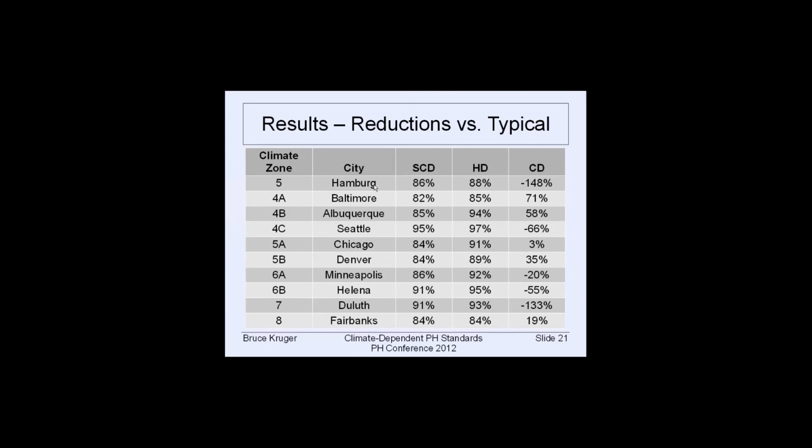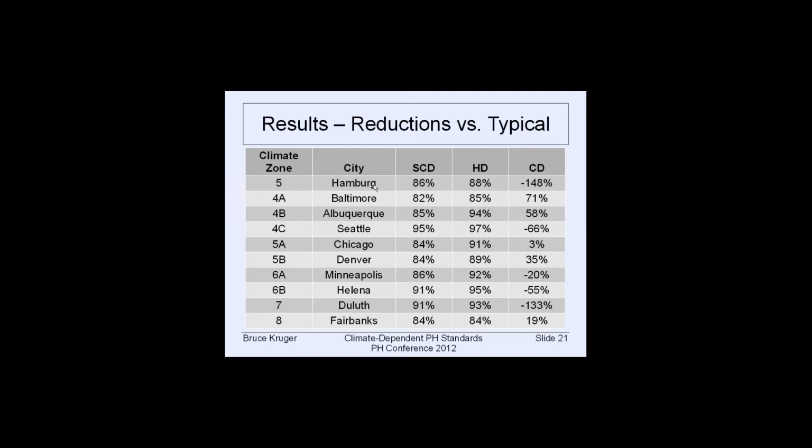If I move on to the next slide, which is the colder climates, and we look at the HD column, the heating demand column, then we see numbers that are comparable to what I've heard for Germany, the 90% number. So we have 85 up to 95, 97%.